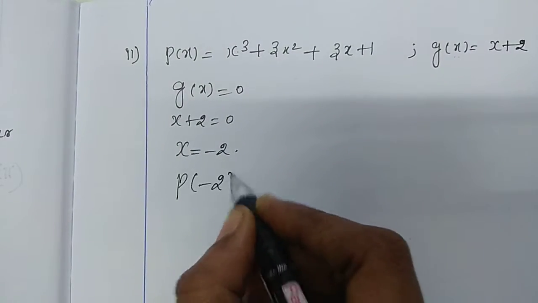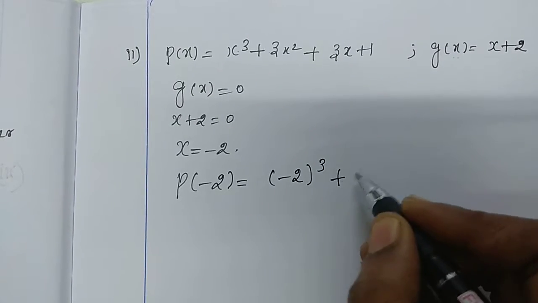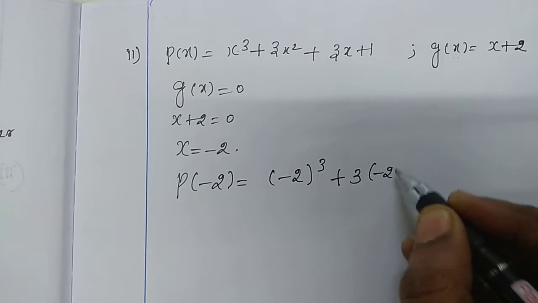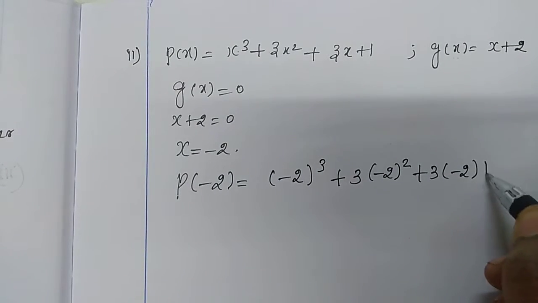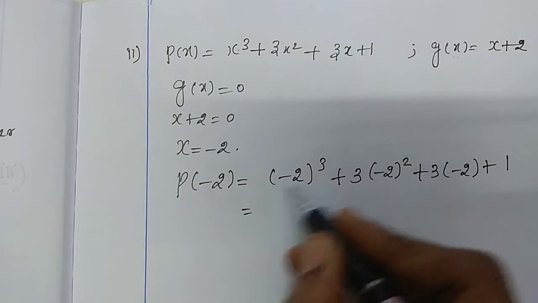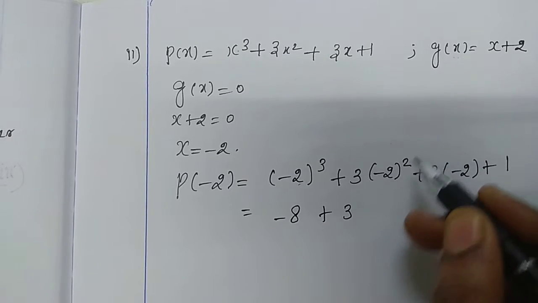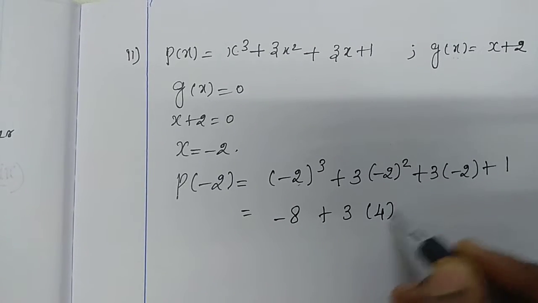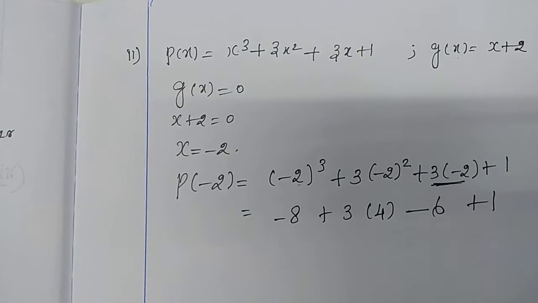Therefore, p of minus 2 is equal to minus 2 the whole cube plus 3 into minus 2 the whole square plus 3 into minus 2 plus 1. Minus 2 the whole cube is minus 8, plus 3 into minus 2 the whole square is a plus 4, and multiplying these two we get plus 12, and 3 into minus 2 is minus 6, plus 1.